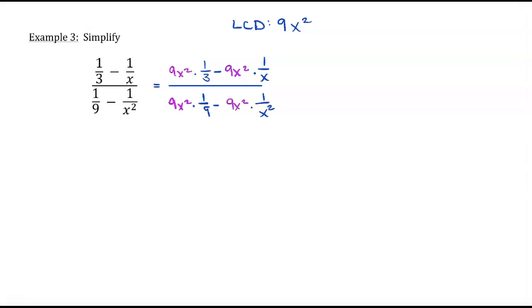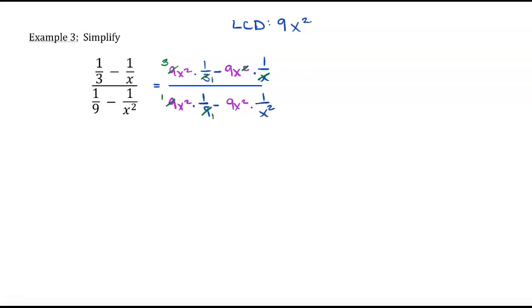With 9x squared times 1/3, the 9 and the 3 simplify to become 3 over 1. With the next term, 9x squared times 1 over x, the x in the denominator simplifies with 1 copy of x in the numerator. With 9x squared times 1 over 9, the 9s simplify to become 1 over 1.